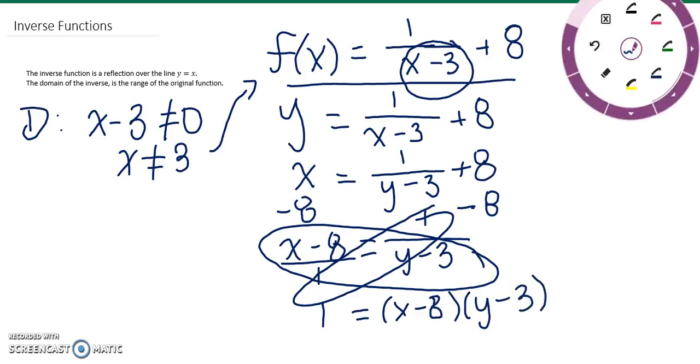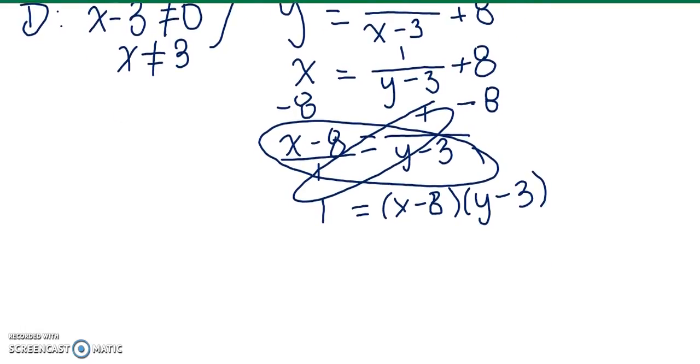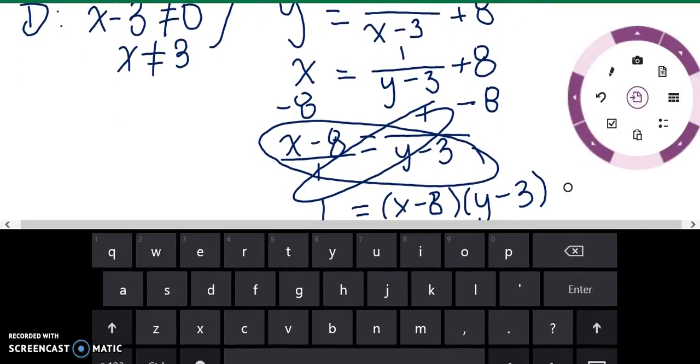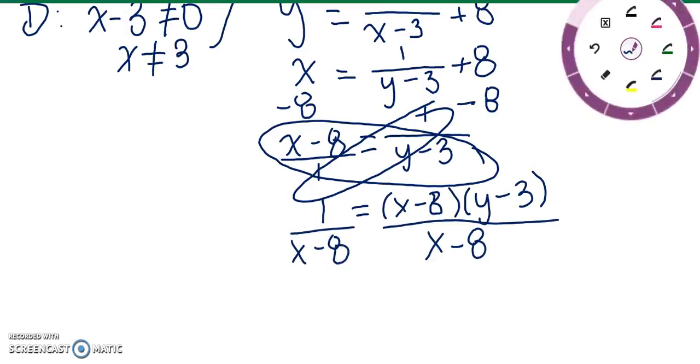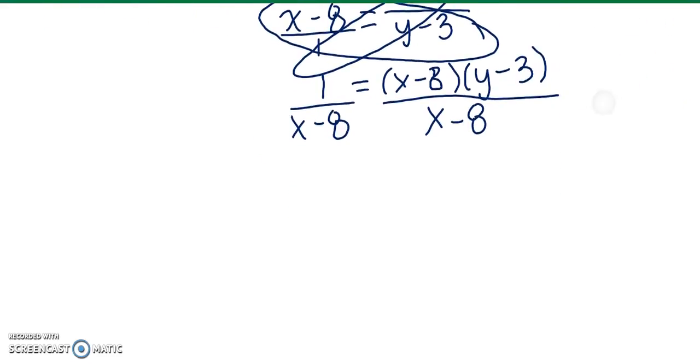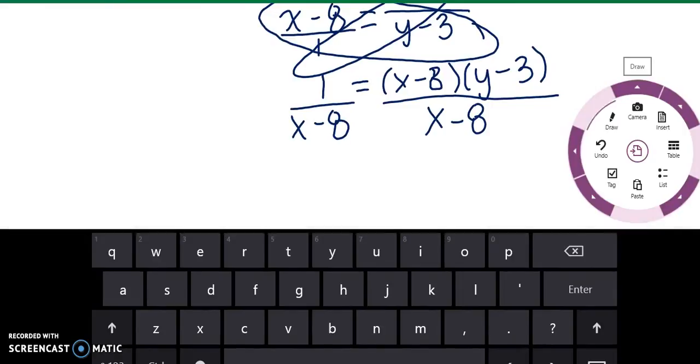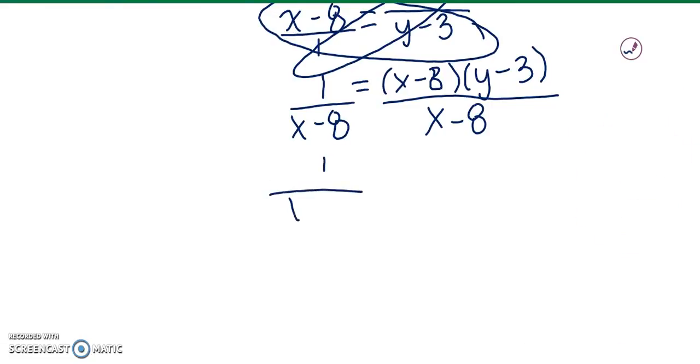Since we are working to isolate y, we can divide both sides by x minus 8, and we get 1 over x minus 8 equals y minus 3. This is because our x minus 8s will cancel out on the right side of the equation.